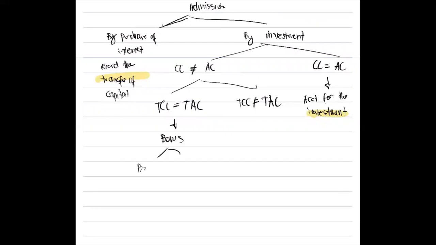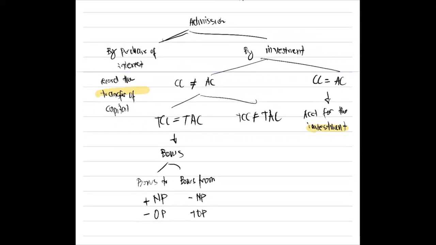It's either bonus to or bonus from. If that is a bonus to, increase to the new partner and a decrease to the old partner. If that is a bonus from, decrease from the new partner and increase on the old partner. So how do we increase or decrease the old partner? Using their profit or loss ratio.